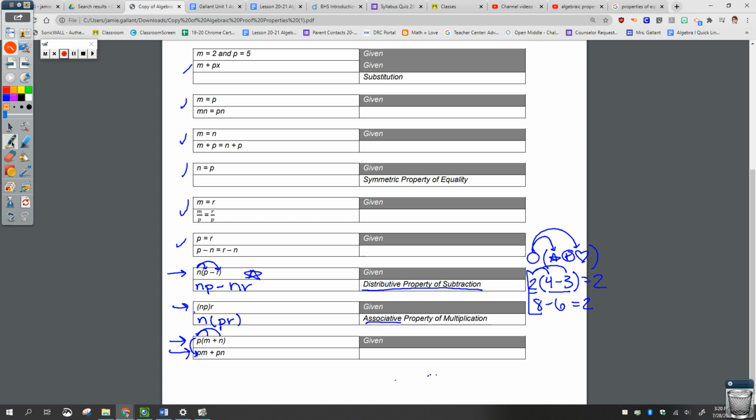So this becomes pm plus pn. This is the distributive property, but instead of the distributive property of subtraction, what we did here is the distributive property of addition. I'm so sorry for how messy that is.